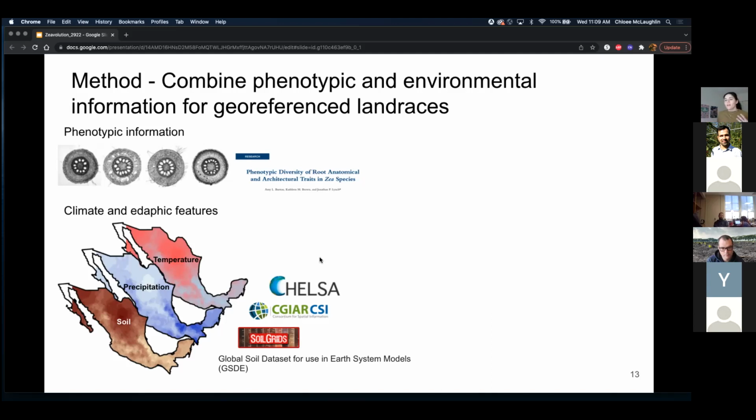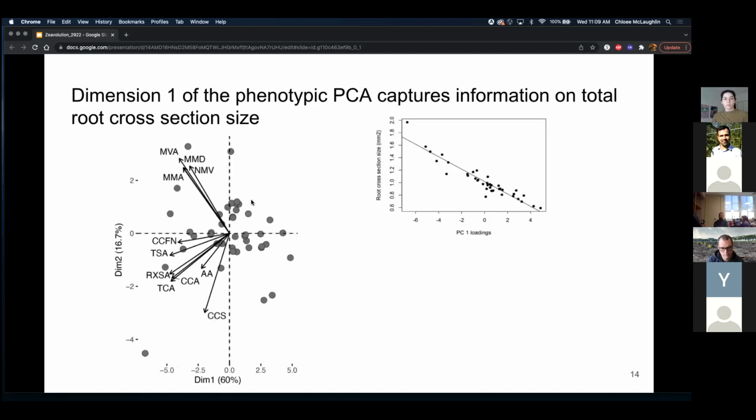Before we hop into the modeling, I wanted to illustrate that there is phenotypic variation within this diversity panel of Mexican landraces, and also illustrate the value of this method where we're thinking about combined environment rather than individual aspects of environment. So when we do a basic phenotypic PCA of the accessions, not including any environmental information, we can see that the individuals are principally loading based off of size on dimension 1 of the PCA.